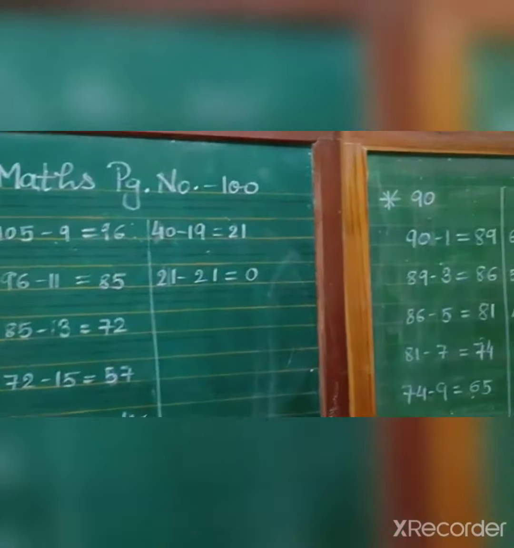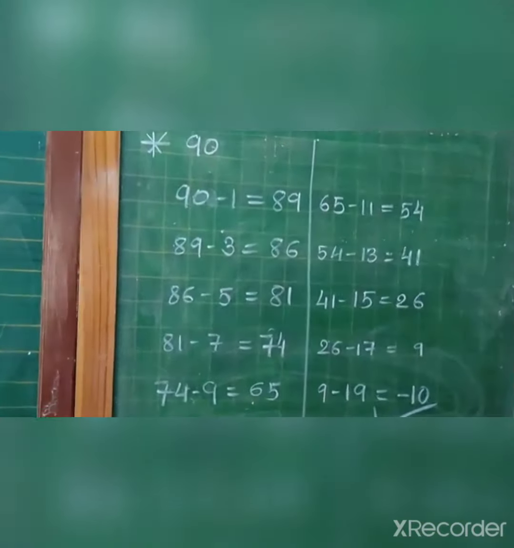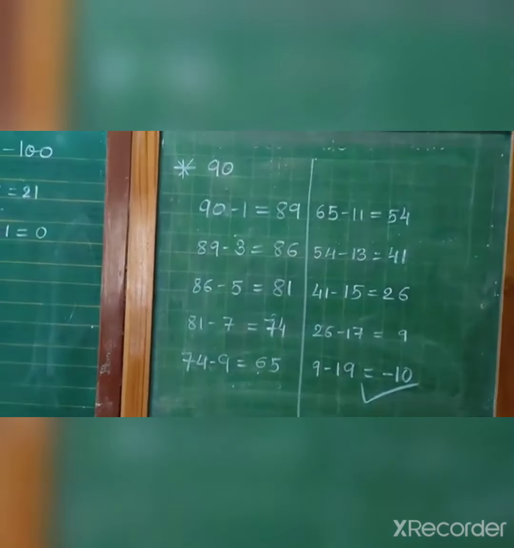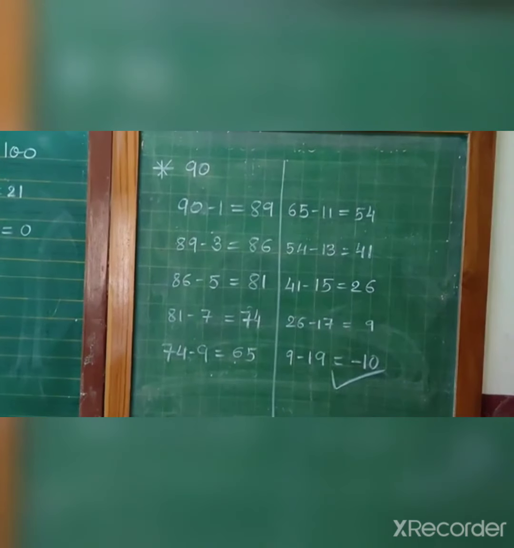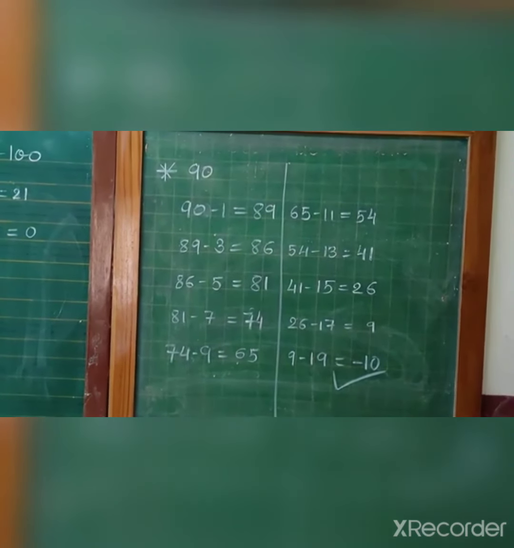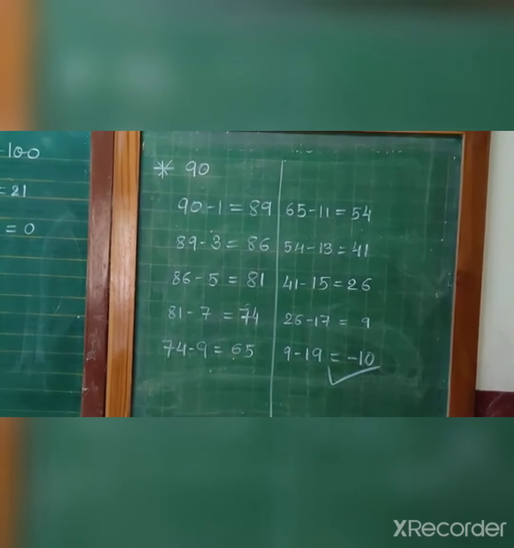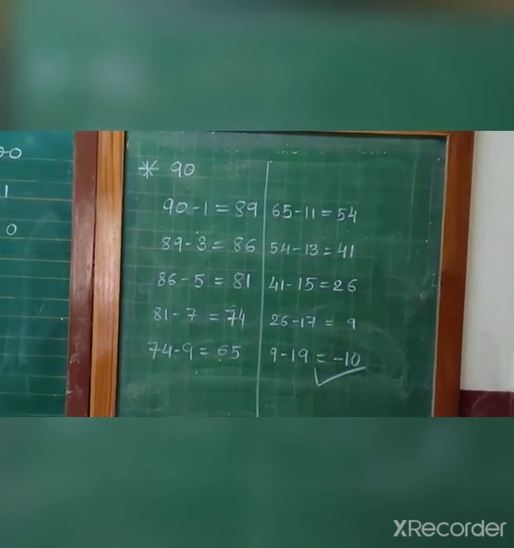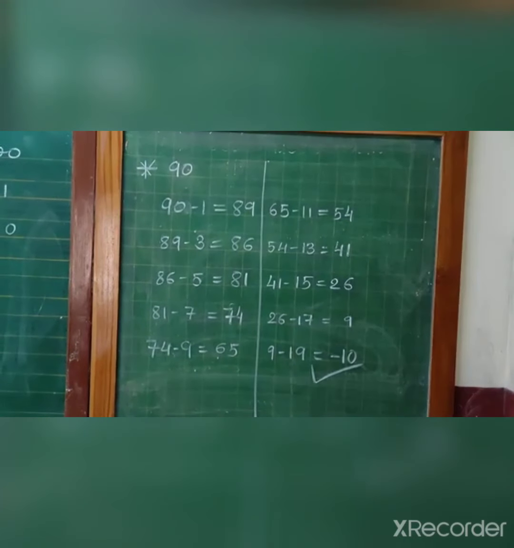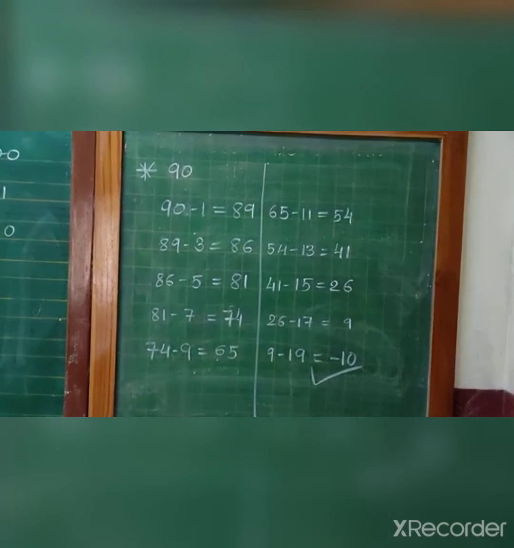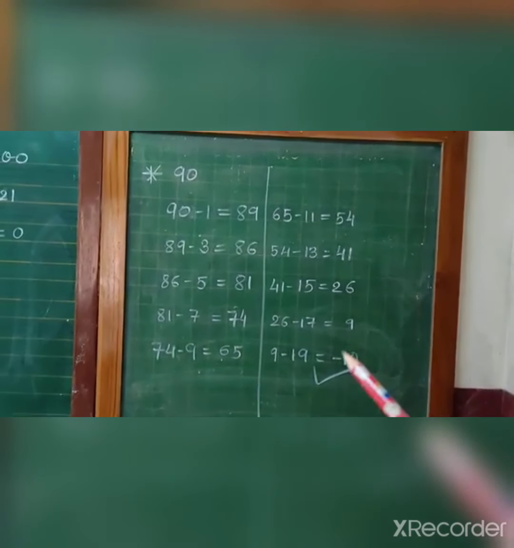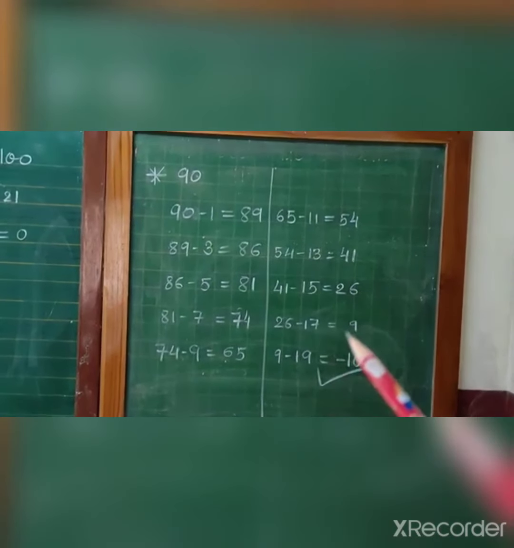In the same way, you can see with 90. 90 minus 1, 89. 89 minus 3, 86. 86 minus 5, 81. 81 minus 7, 74. 74 minus 9, 65. 65 minus 11, 54. 54 minus 13, 41. 41 minus 15, 26. And 26 minus 17, 9. And 9 minus 19.